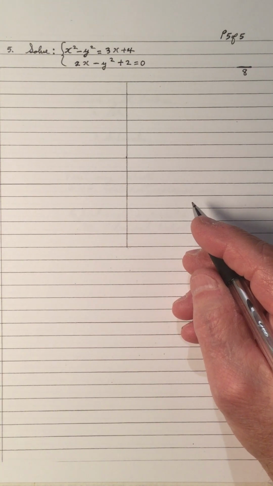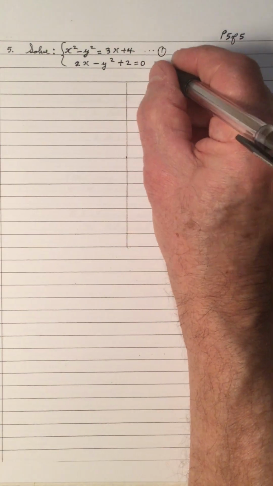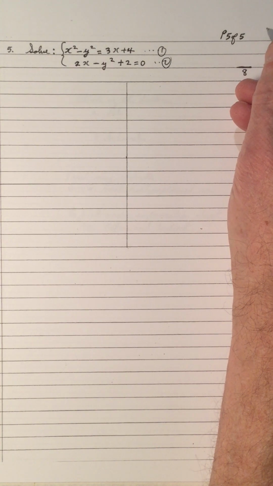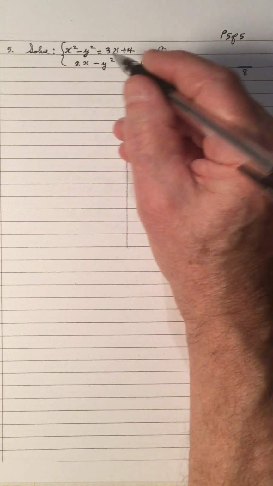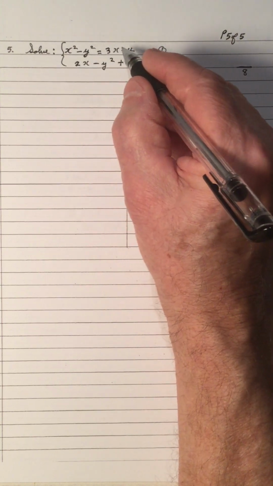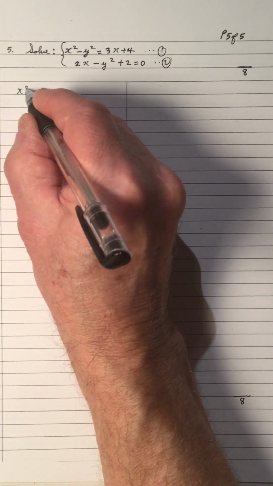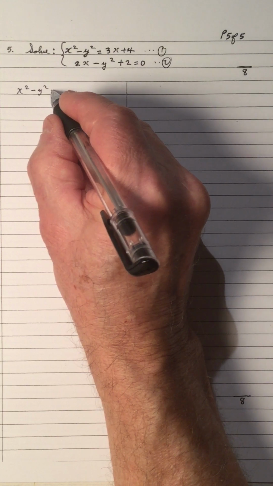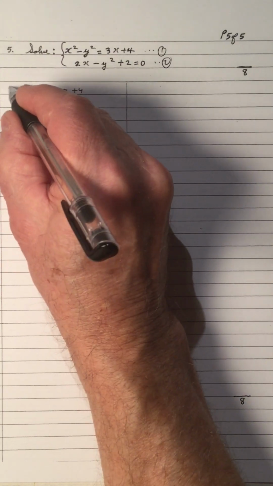One way would be, this is equation 1, and this is equation 2. If I number the equations, one way would be to line up the equations. In other words, I have an x squared, y squared, x, and constant. So I put down x squared minus y squared and 3x plus 4, so that's number 1.